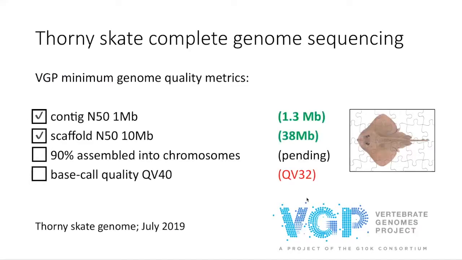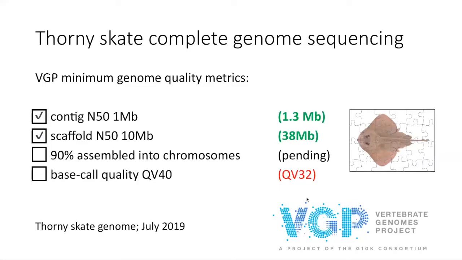As of July, the Thorny skate genome has satisfied 2 of these assembly contiguity requirements. I am told that slightly more recently, the base call quality is up to QV40. So we have right now about 3 of these 4 requirements met, and the assembly is currently being sent out for chromosome level assembly.